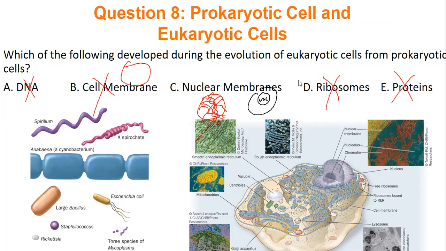What we need to know is the major differences. What's the difference between a prokaryote and a eukaryote? Some of the differences are nuclear membranes, and organelles: eukaryotes have organelles, prokaryotes don't. Size: generally, a eukaryotic cell is much bigger than a prokaryotic cell.